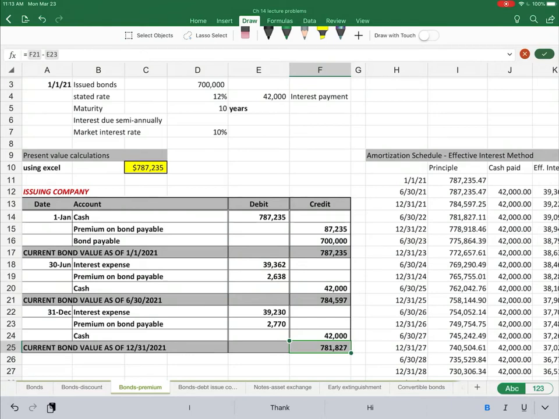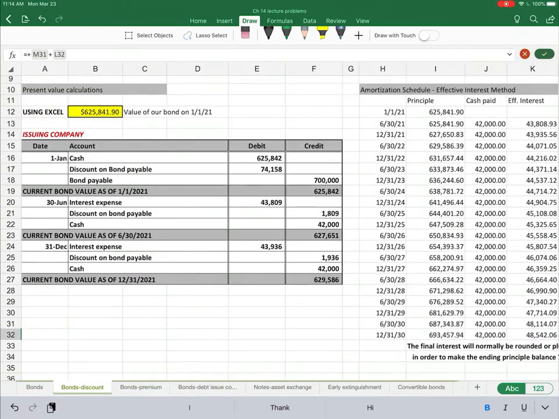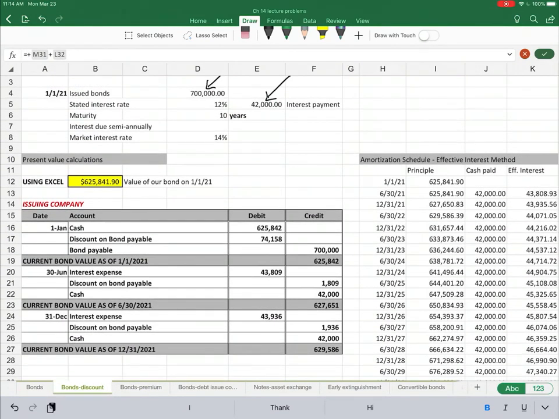So we can see again how the process that we go through for bond discounts and bond premiums are exactly the same. It's just the starting point is different. With a bond discount, we started with a bond value of $625,000, if we look over on that discount tab, and slowly but surely we adjusted that discount so that we were working our way from that low bond value up to the face amount of $700,000.